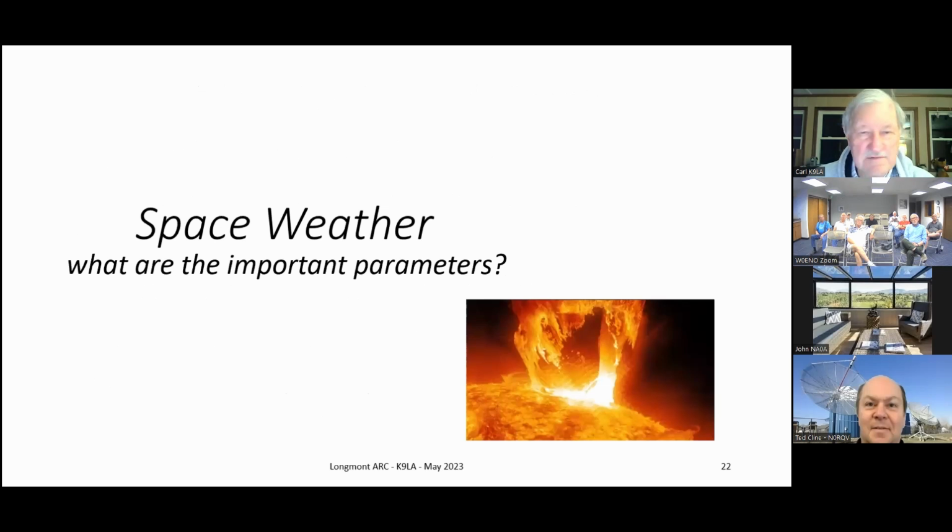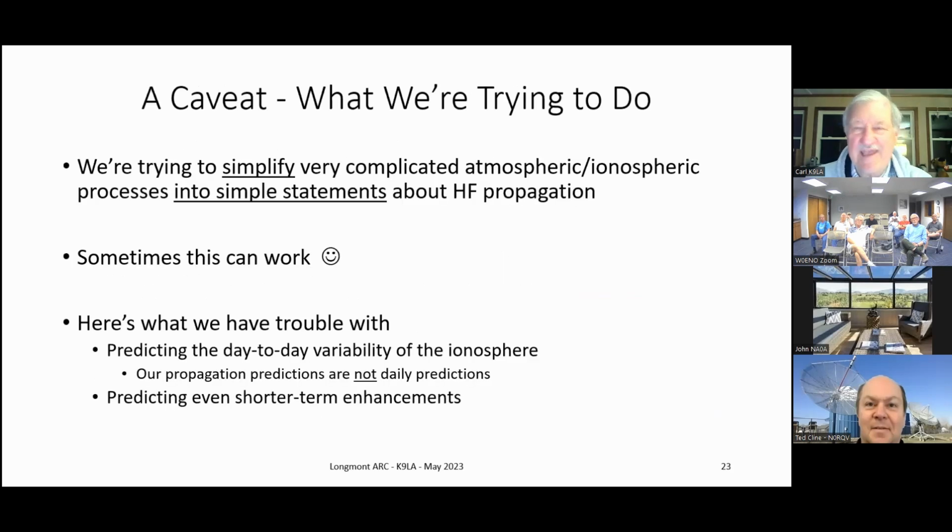Space weather. Okay. Just a caveat, what we're trying to do is simplify some very complicated atmospheric and ionospheric processes into simple statements about HF propagation. Sometimes that can work, sometimes it can't. We have trouble with predicting the day-to-day variability of the ionosphere.